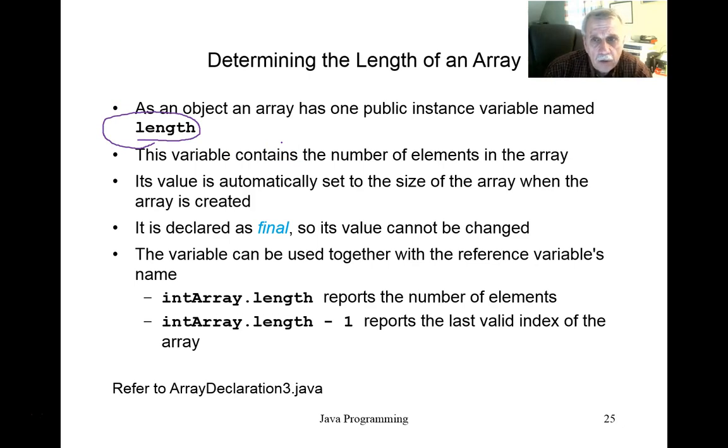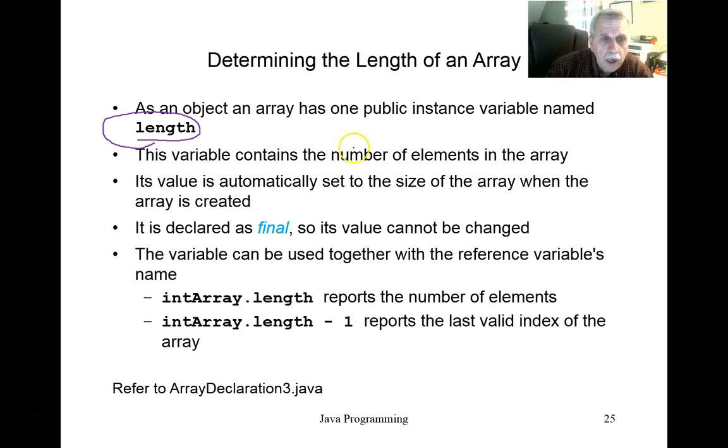Length is created for each array object that's instantiated, and it doesn't require that the array be instantiated using an actual explicit size. It could be instantiated from the result of an initialization list. So the point is, length is an instance variable that's available with any array that gets instantiated, regardless of the syntax that was used to bring that thing into existence.